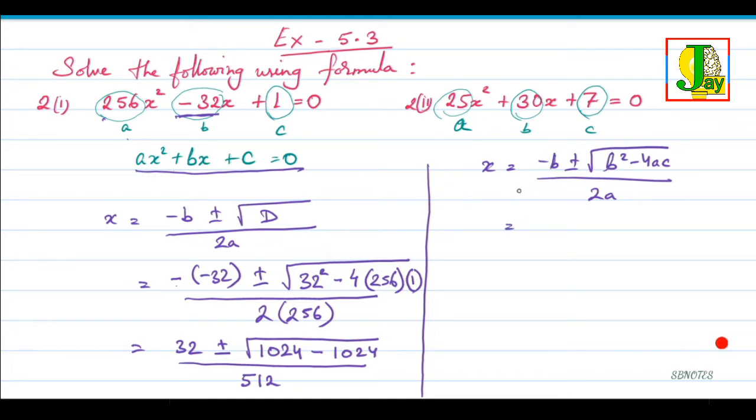So minus of 30 plus minus root over b square, so 30 square is 900, minus 4 into 25 into 7, so you get 700. That's 2a, a is 25, right? So 2 into 25.